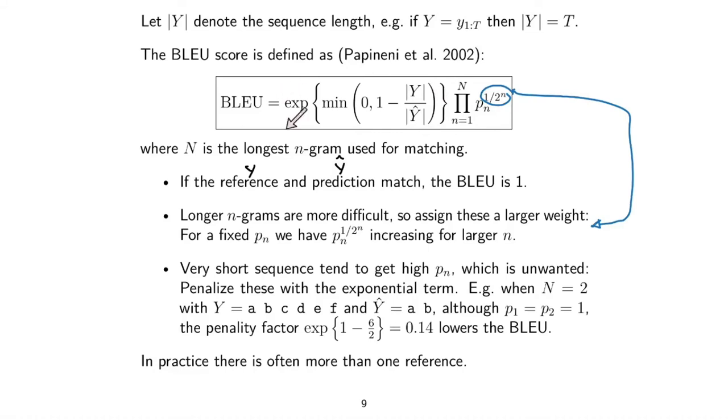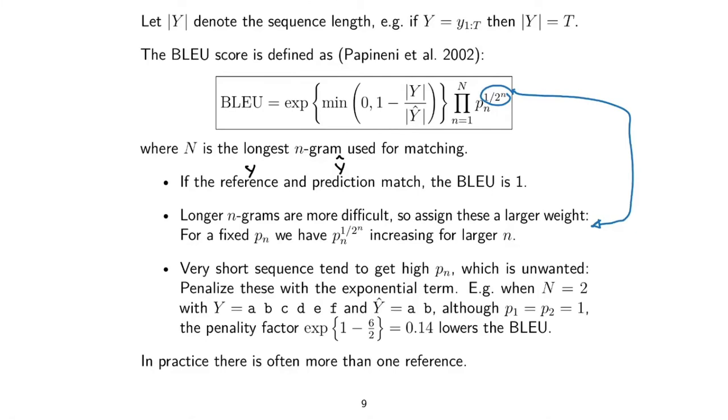So this monstrosity here at the front penalizes sentences where the length of your prediction and the length of your actual output differ a lot. Or stated differently, it puts a length penalty on your output so that longer sequences get a nicer score.